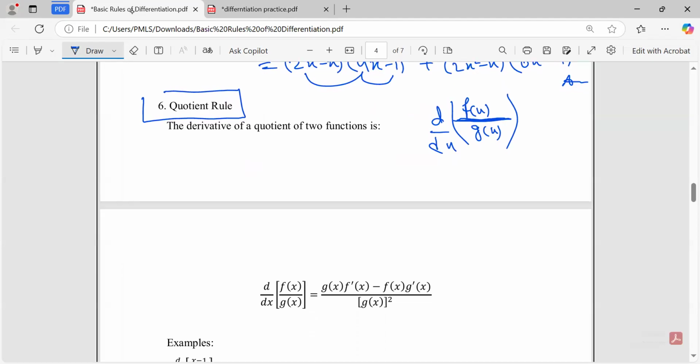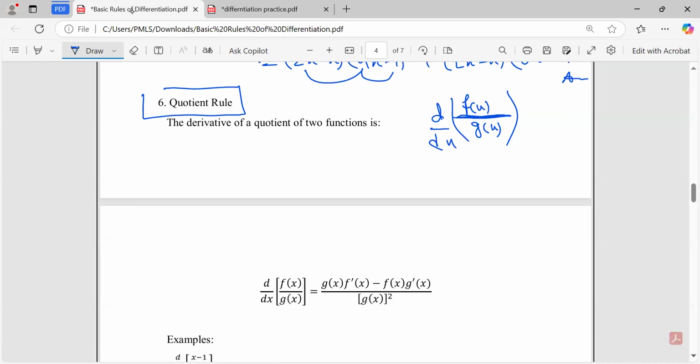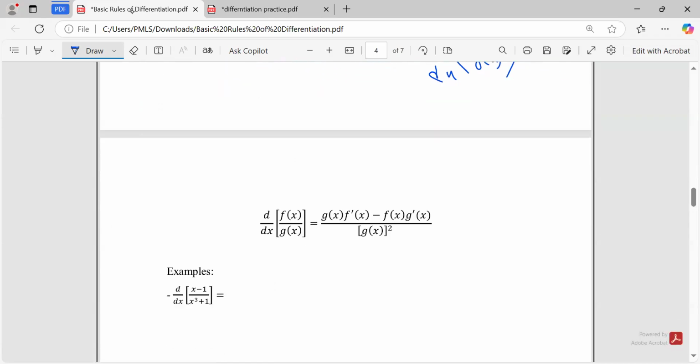It is not necessary that both are rational, both upper and lower polynomial; it can be any function. For example, this one is a numerator and this is a denominator.